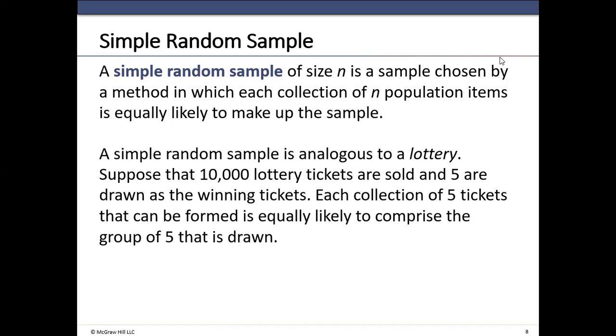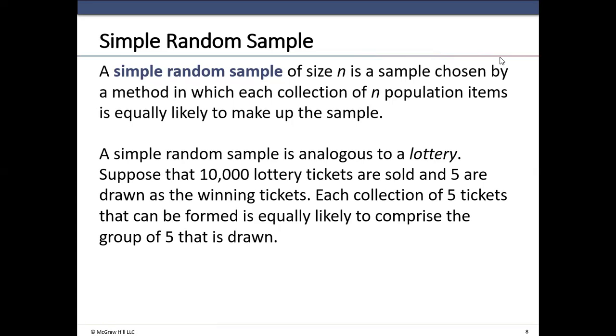Here is an example. A simple random sample is analogous to a lottery. Suppose that 10,000 lottery tickets are sold and 5 are drawn as winning tickets. Each collection of 5 tickets that can be formed is equally likely to comprise the group of 5 that is drawn.